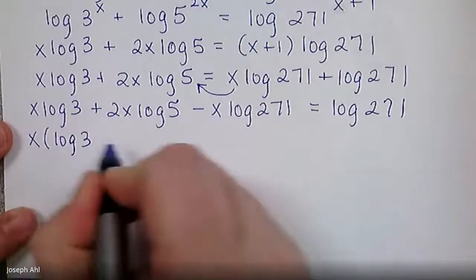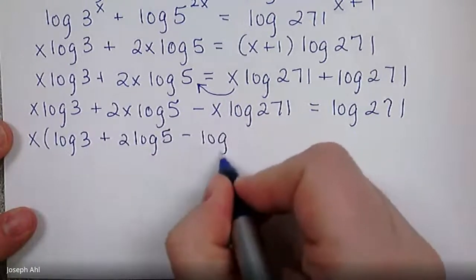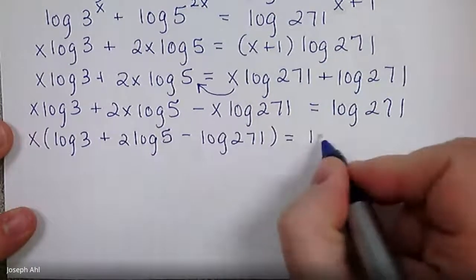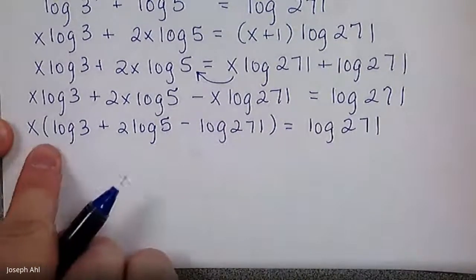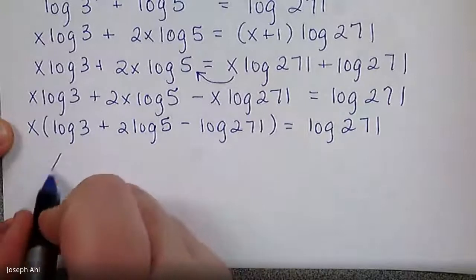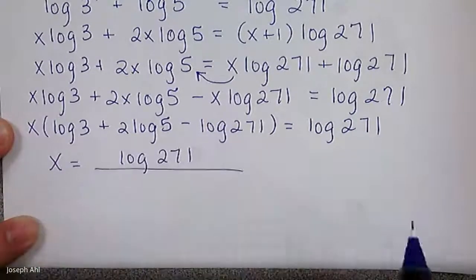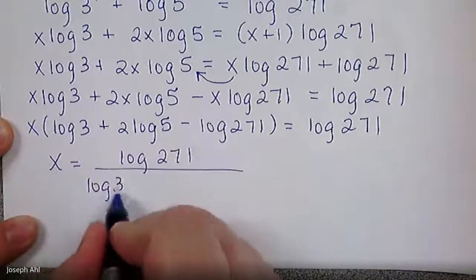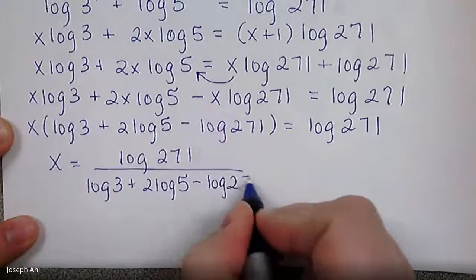So that's log 3 plus 2 log 5 minus log of 271. Okay. And the last step, again, to get x alone would be divide both sides by this whole quantity. So we have a lonely log 271 up top. The bottom is log 3 plus 2 log 5 minus log 271.